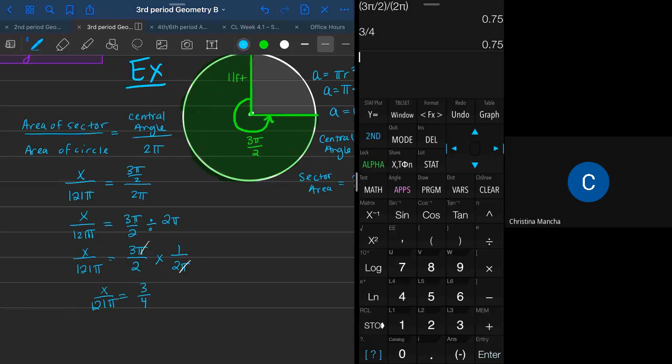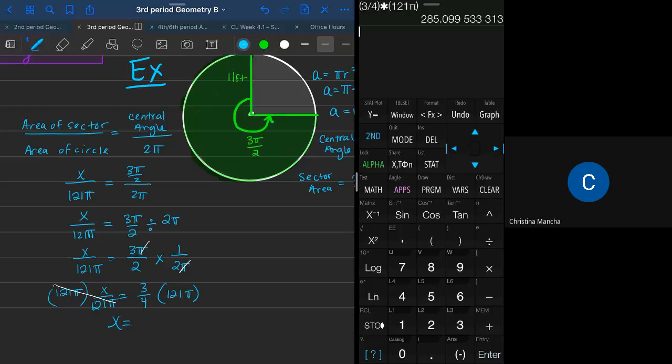All right, so then here, just like before, I'm going to multiply by 121 pi on both sides. And by doing that, those two cancel each other out, and I'm left with x equals 0.75, which is 3/4, so 3 divided by 4 times 121 pi.